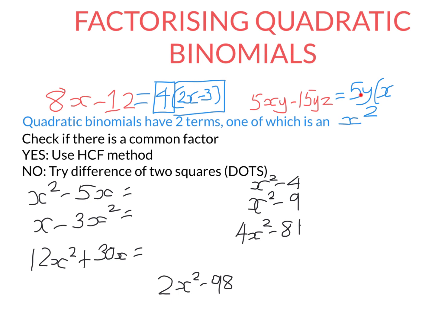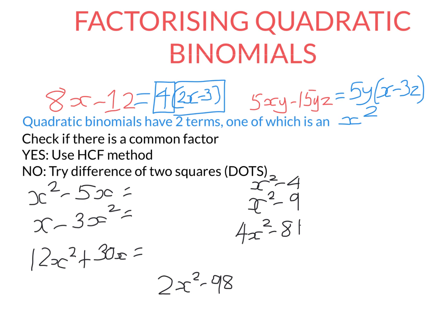What do I times by 5y to get negative 15yz? Well, I need to times by negative 3 to get negative 15, and I also need to times by z, so it's negative 3yz. So this is factorising because I've written this expression as something times something. You know it's factorisation when you start off with no brackets, end up with brackets. So that's how we've been factorising before.